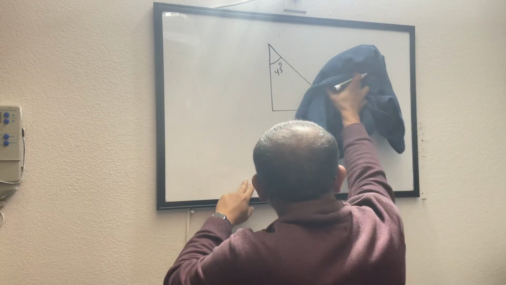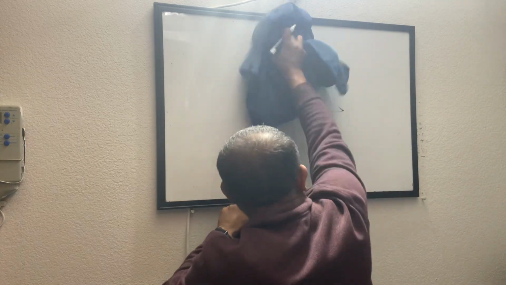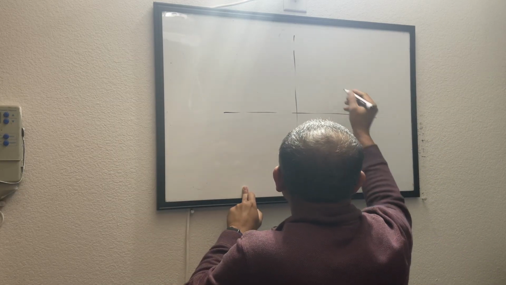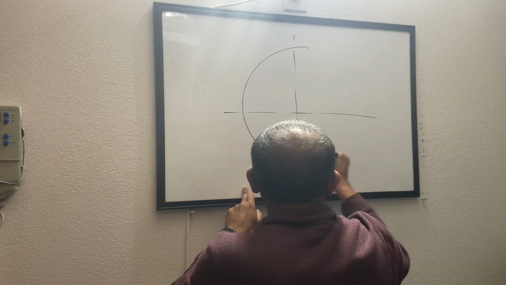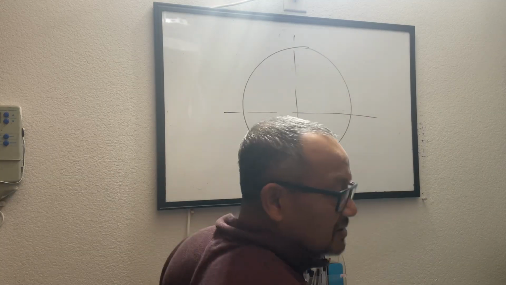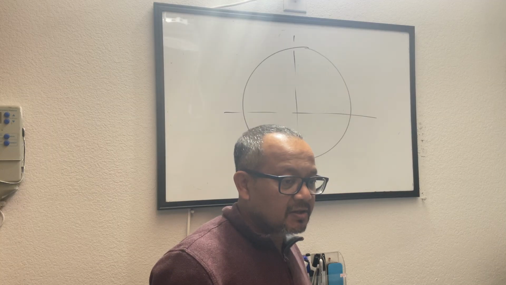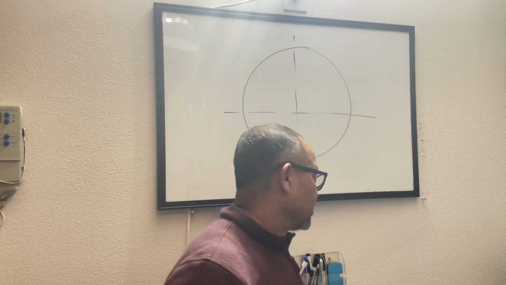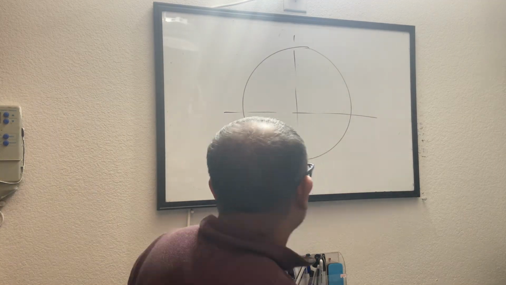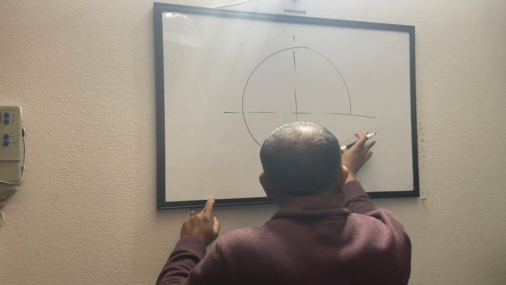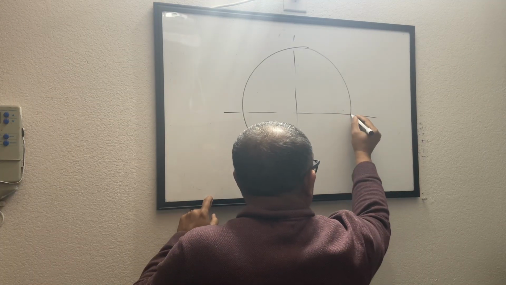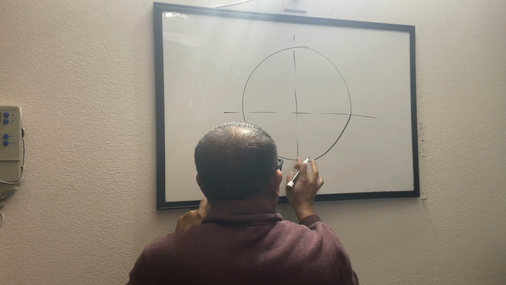Let me go back to the unit circle, because you guys are more comfortable seeing a unit circle than a regular right angle triangle. So let's look at this. This is a unit circle. Tony, are you with me, brother? Yeah? Okay. Whenever I'm getting you guys confused, raise your hand without any fear, okay?